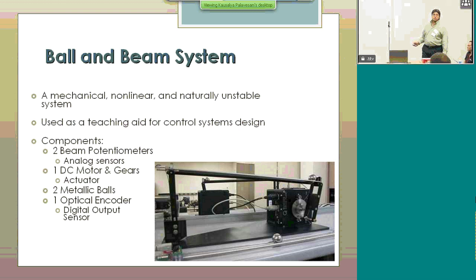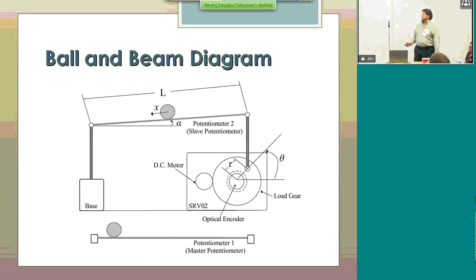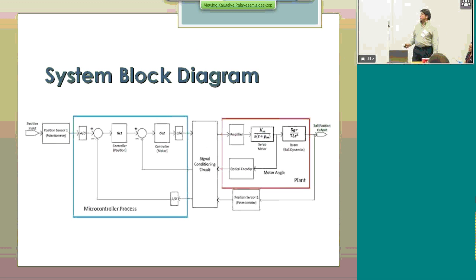The analog part here is these two sensors, which are potentiometers and are analog sensors. And there is an optical encoder to measure the position of the motor. So that's a schematic diagram of what's going on there, with all the geometry and angles.